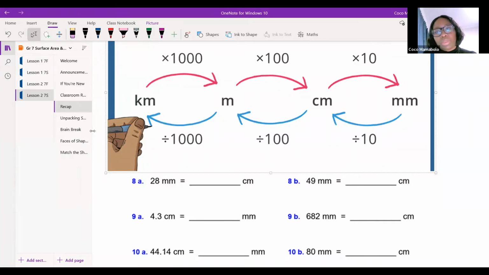Sang, it's on the screen, my sweetie. It's what we did last week.